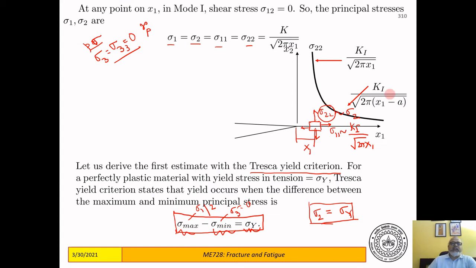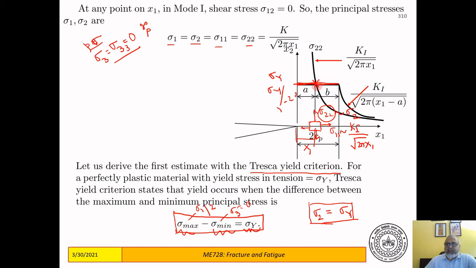So that's where you will have to cut it off. Once it reaches sigma y in plane stress or sigma y by 1 minus 2 nu in plane strain, at this point you have to have the maximum cap on the stress, and that cannot exceed this value. Now, this is where it cuts the linear elastic solution.